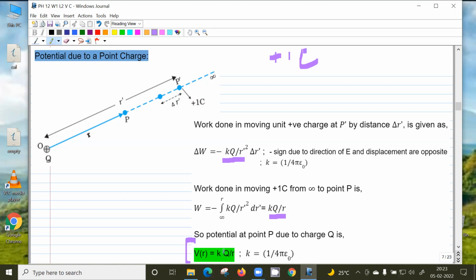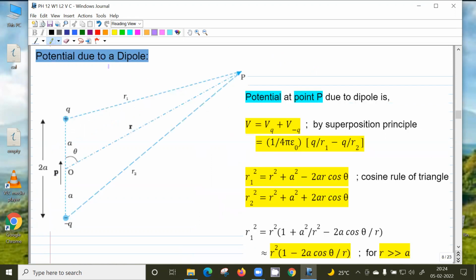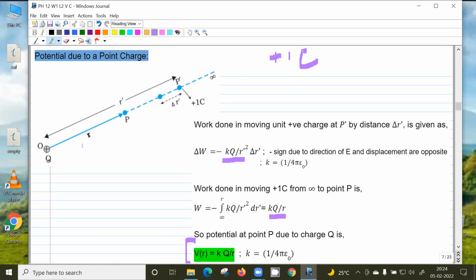So the formula of electric field you get from this one by differentiating, and then you have to put the negative sign because it's minus dV by dr. So the derivative of 1 by r is minus 1 by r squared, so that minus will cancel with the minus. Getting it, no? Yes, sir.